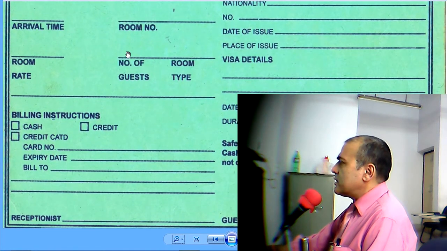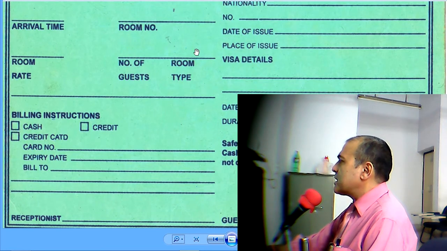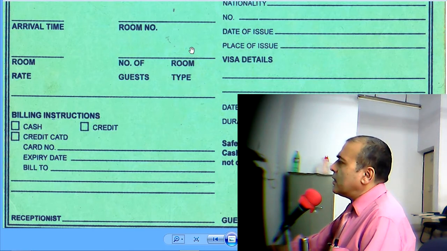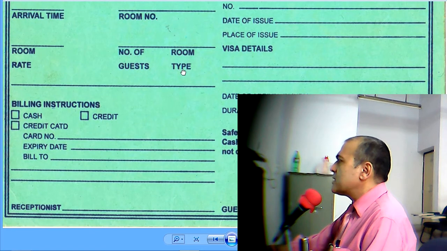Number of guests, since billing depends on it, must be confirmed and must be written very clearly. Room type, we have discussed single, double, twin, but there are many types of rooms depending on the type of hotel, the country, the geographic location. So whatever room type your hotel has and whatever you have allotted to the guest, it must be mentioned here.